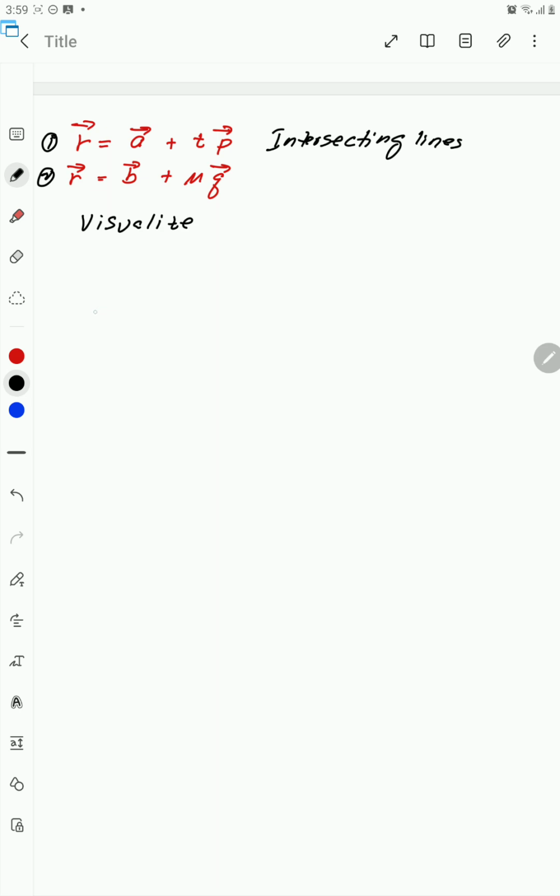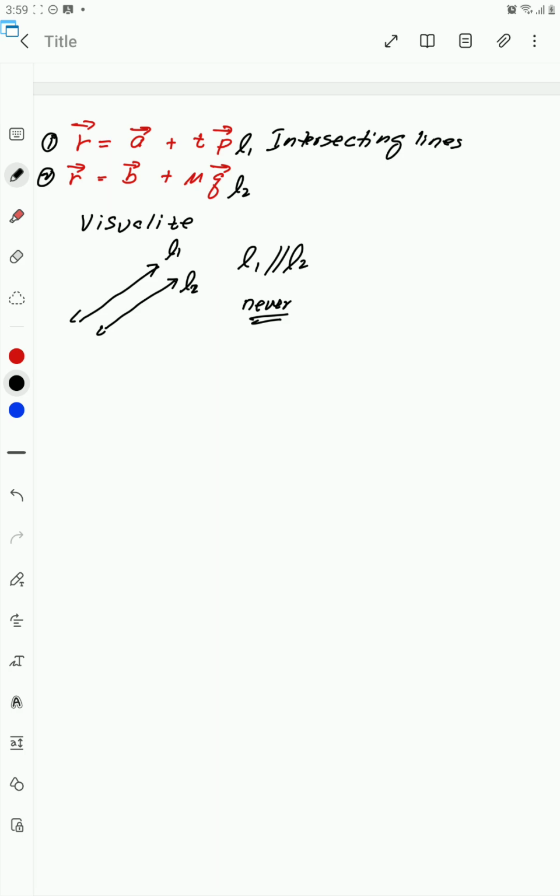So the first one is that either they are parallel, meaning, for example, this is your line 1, that is your line 2. So the possibility is that line 1 is parallel to line 2. Thus, they will never intersect. They will never cross with each other because they are always parallel.